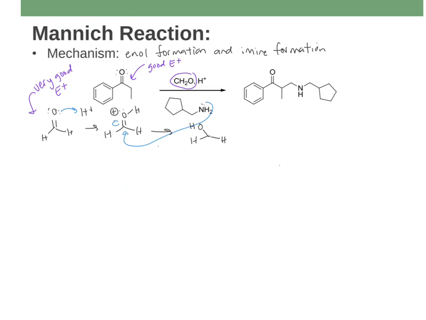All right, so now you have an OH. Now you have an N with a nitrogen and this cyclopentyl group. Sorry, no lone pairs on that nitrogen, but a positive. We're going to have a proton transfer step. I'm just going to write PT for proton transfer.